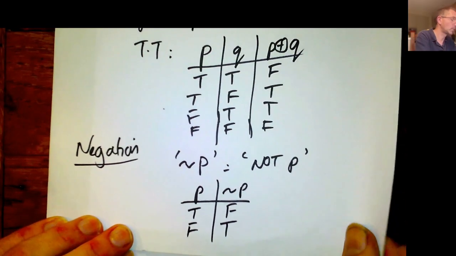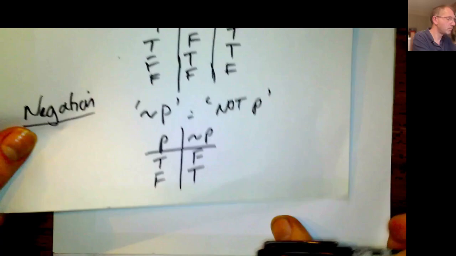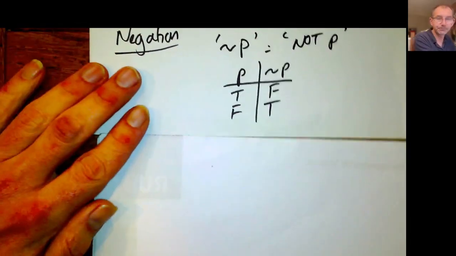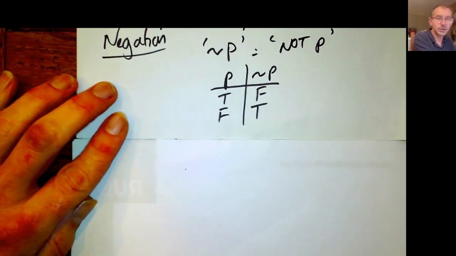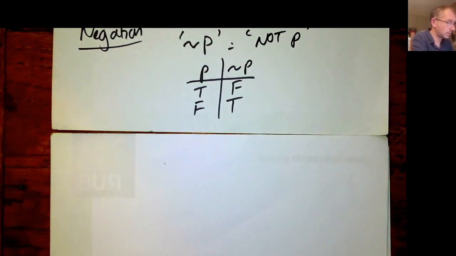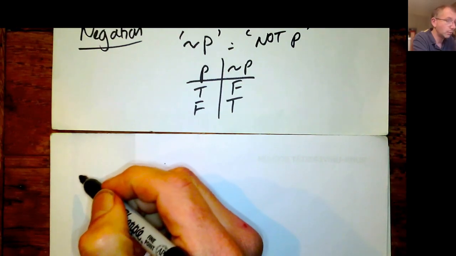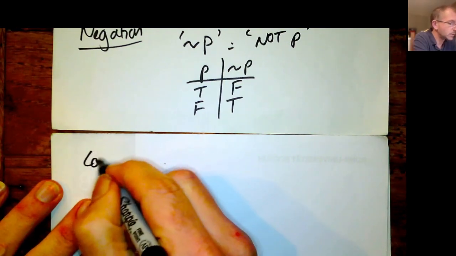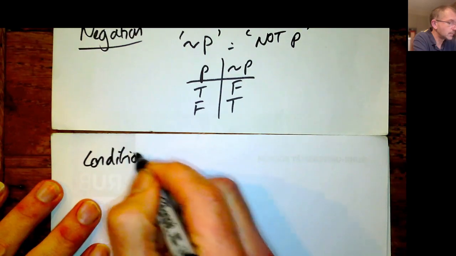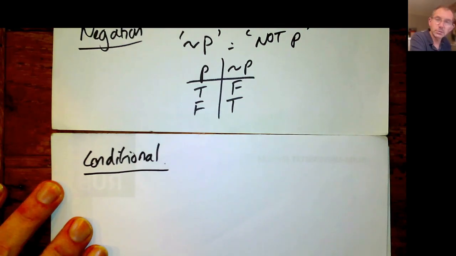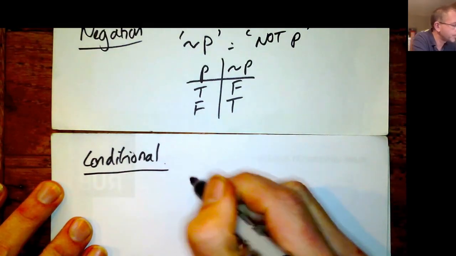Okay. Now we're going to come to the most conceptually difficult one, but the most important for the purposes of reasoning, which is the conditional. So conditional statements are where you have something, if something is true, then something else is true.